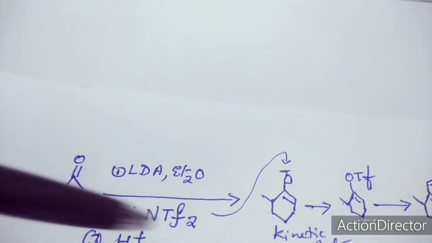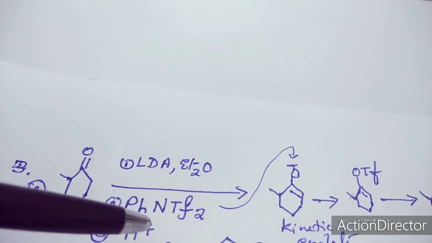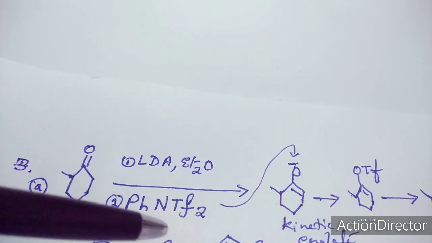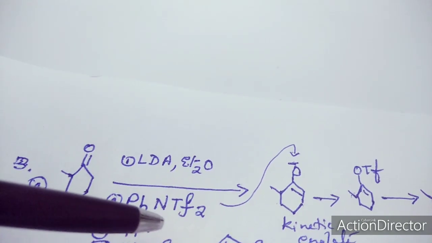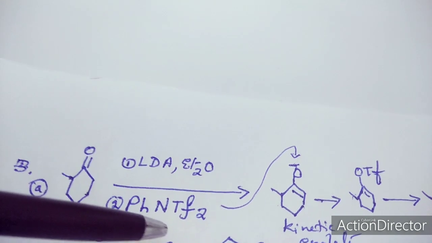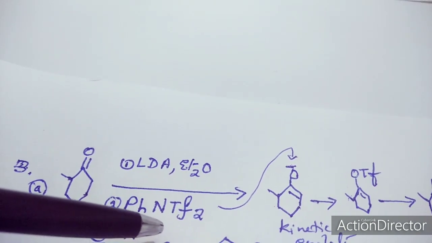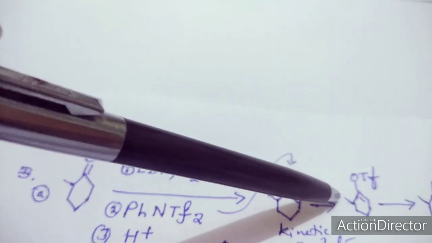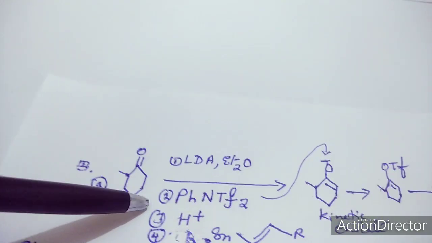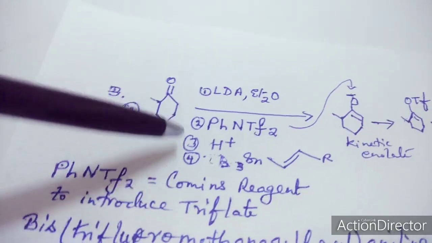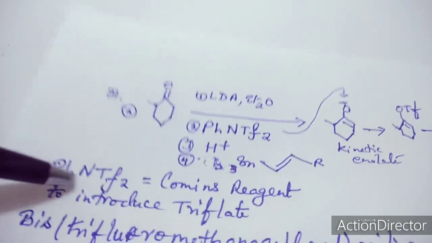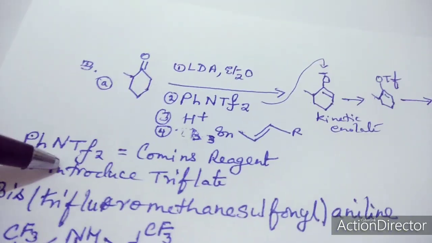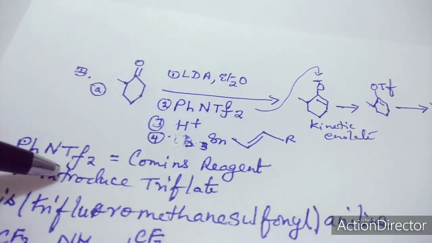This kinetic enolate, and what is the function of PhNTf2? Let me tell you, this is known as Comins' reagent. It is just there to introduce triflate, the group triflate is introduced here. If any of you are interested, you can look up the structure. I've drawn the structure of Comins' reagent. This PhNTf2, which is known as bis trifluoromethane sulfonyl aniline.